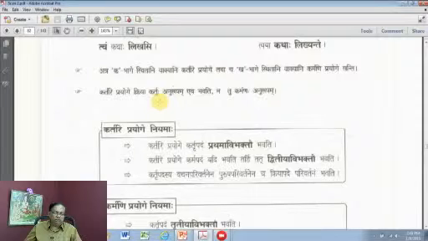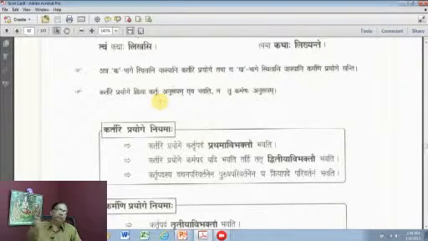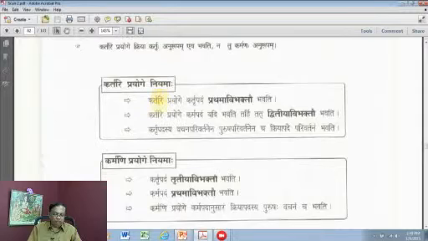So what I just said is reminded here. In kartari prayoga, that is in active voice, the verb always follows the subject, but not according to the object. But the verb agrees with the karma, the object, in the passive voice, as I have made very clear now. Now some more sentences here. Kartari prayoge niyamaha, simple rules are there.